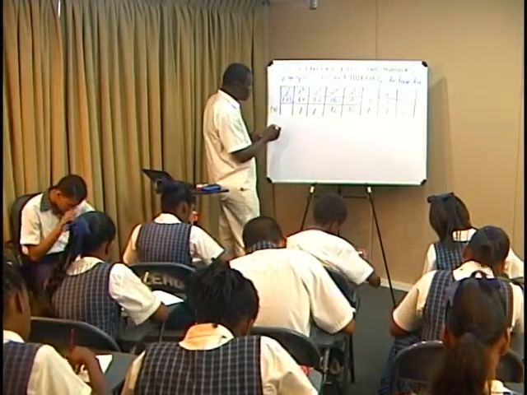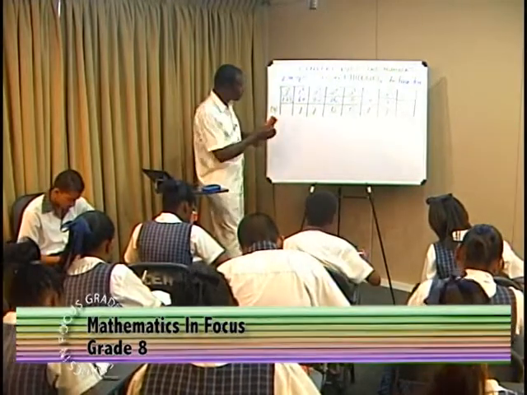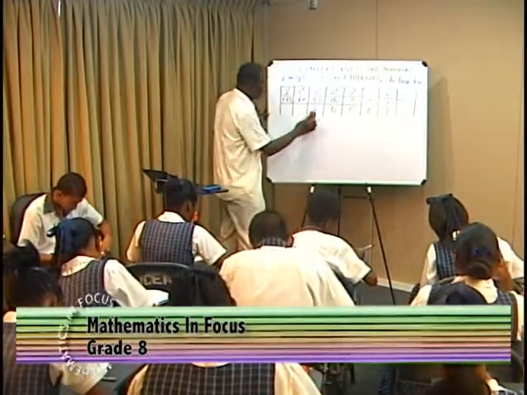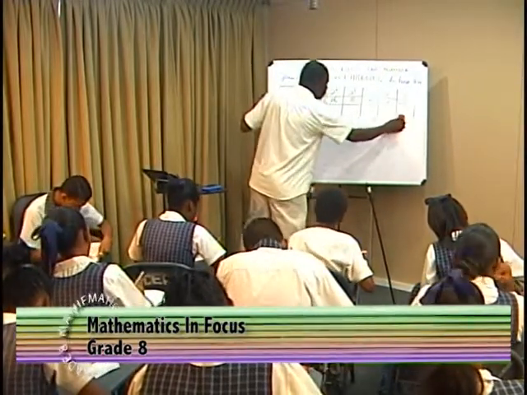So I'm going to use, in fact, let me use the same table, but I'm going to erase my previous values which I had here, and then you will tell me what to write.